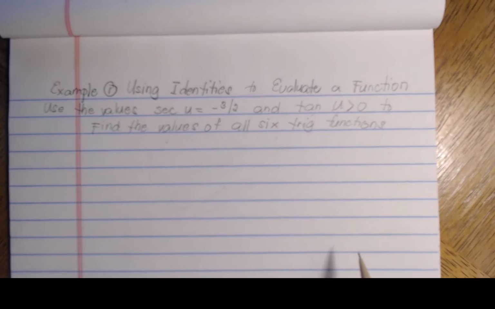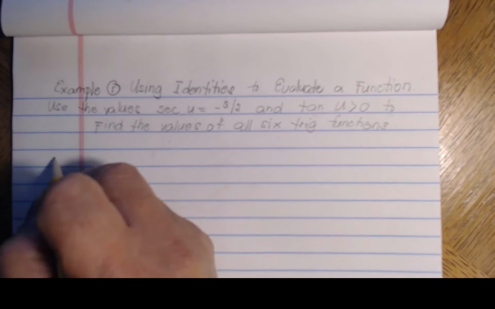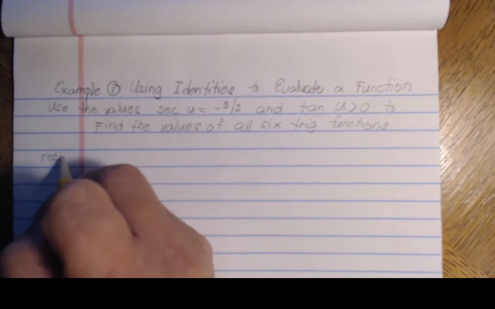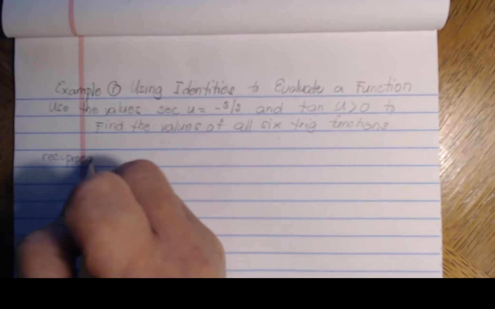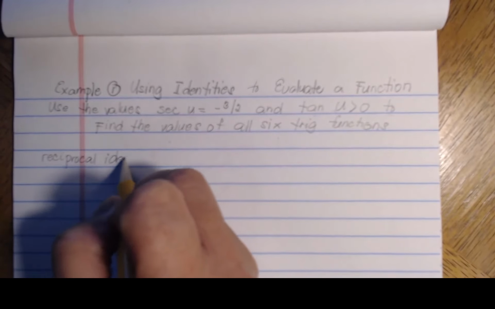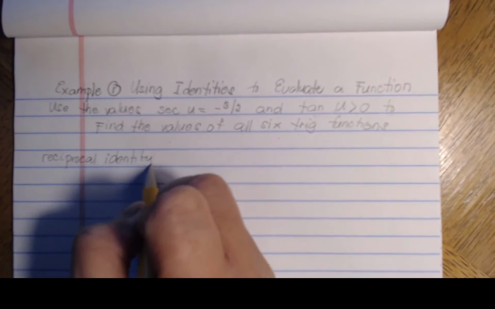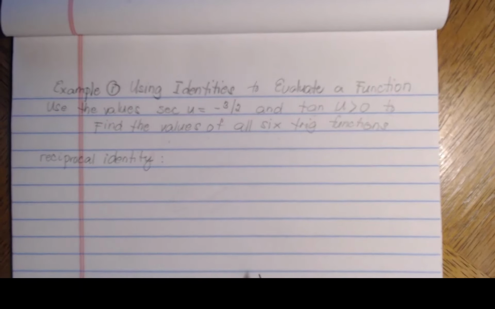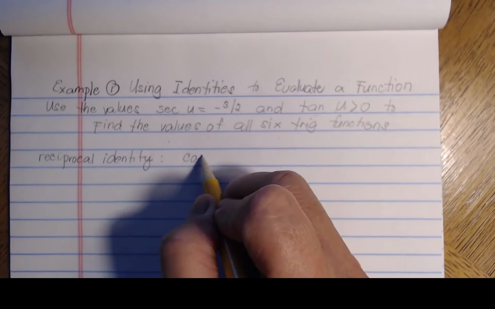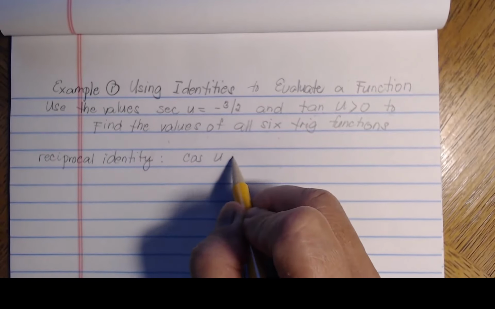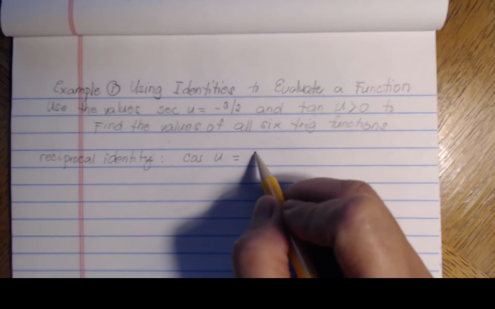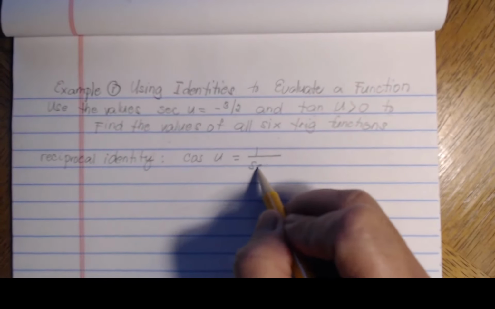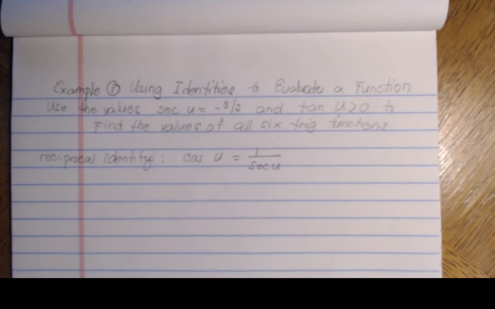Okay, so to start with, we're going to use a reciprocal identity of cosine. We know that cosine u is 1 over secant u, right?